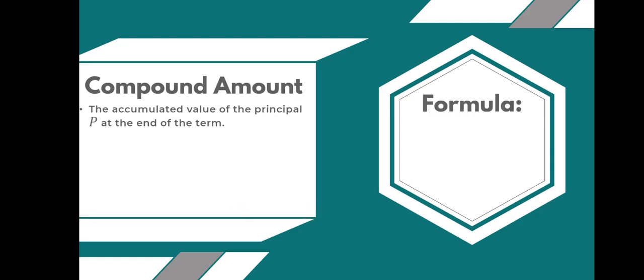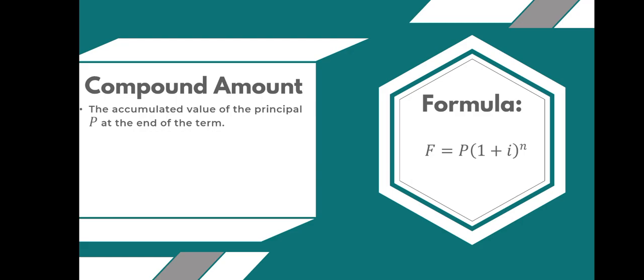Okay. Another one is the compound amount. So, ano ba tong compound amount? Or it stands for F, no? So, compound amount is the accumulated value of the principal P at the end of term. So, it is obtained by adding the principal and the compound interest, no? So, ang formula niya is also this one.